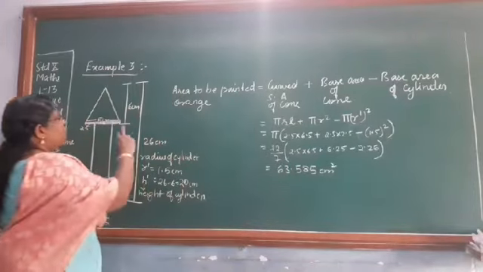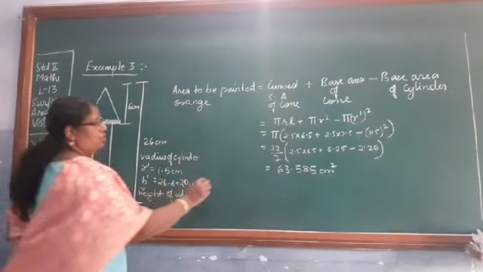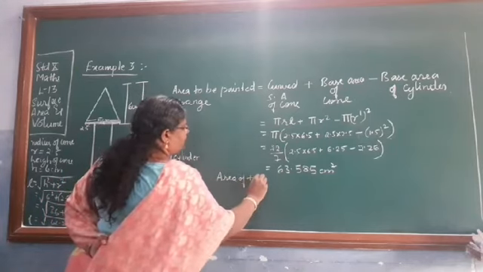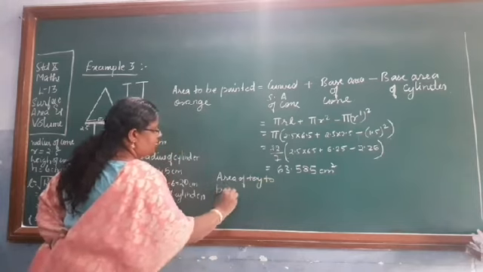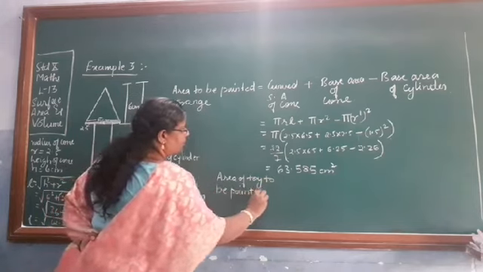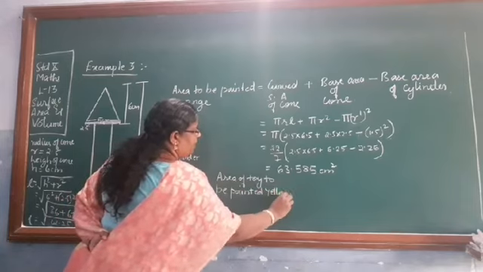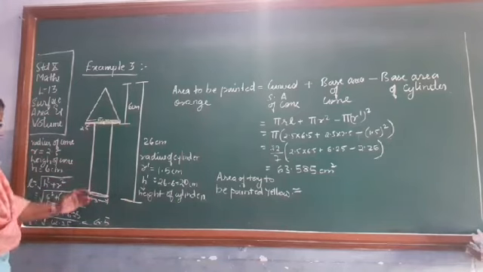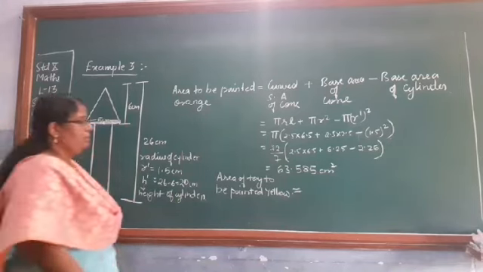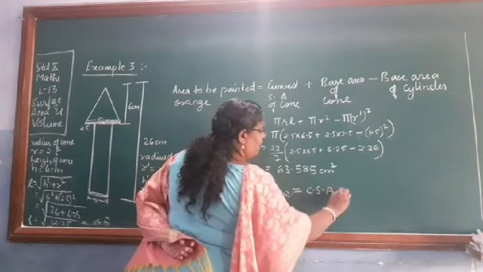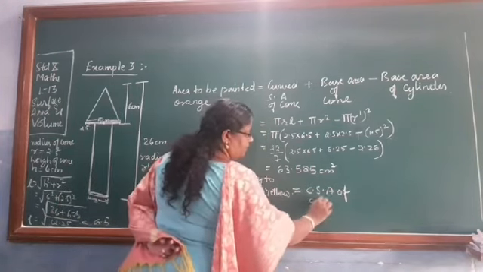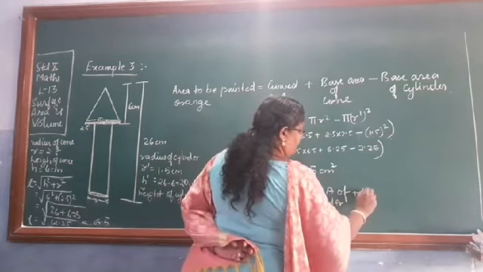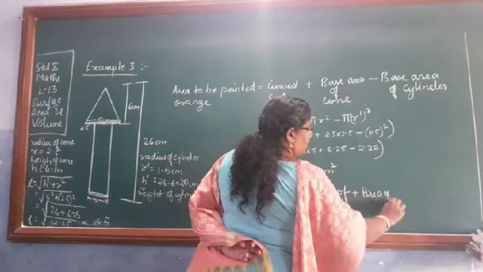The second part is to paint the cylinder yellow. So I will write the area of the toy to be painted yellow. Area to be painted yellow means what? It is this particular part plus the base. So that will be the CSA of the cylinder plus the area of one base.